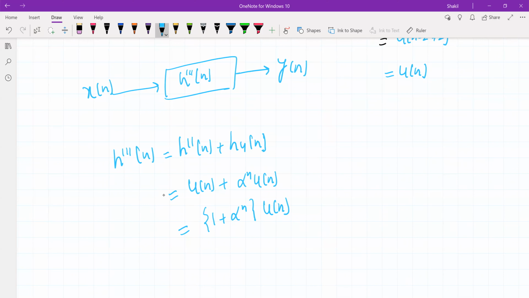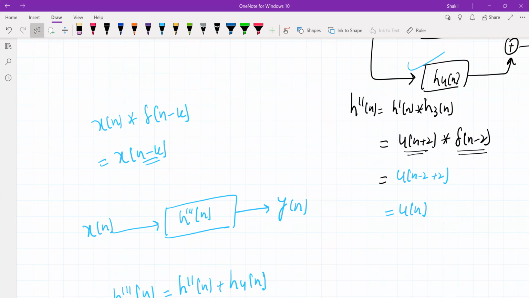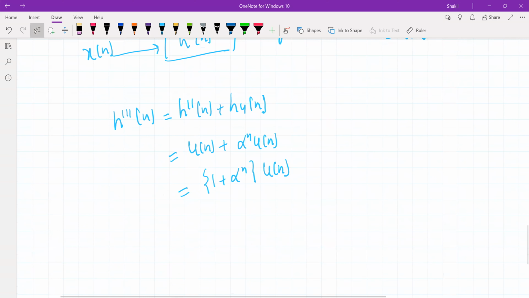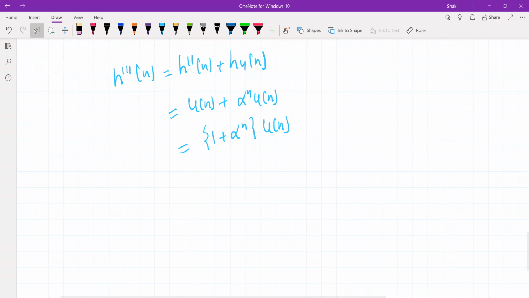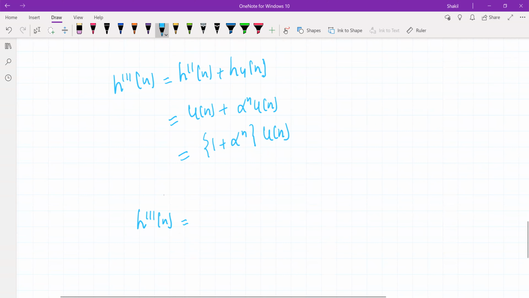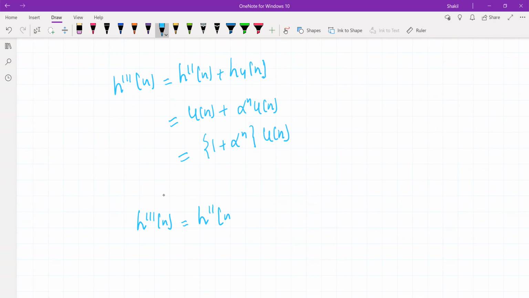So this is the overall impulse response of this system. Now see, h triple dash of n, which is the overall impulse response, we wrote in terms of h double dash of n plus h4 of n.